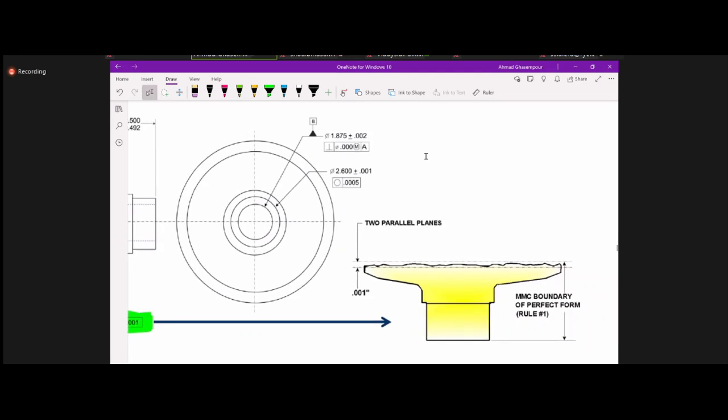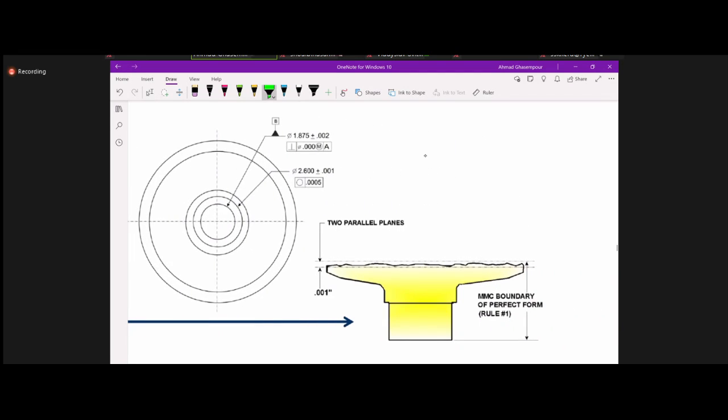So again, what it means is that over that whole area, you could have ups and downs, but they cannot be more than 1 tau apart. Whereas for straightness, we had to test it with 2 parallel lines, with flatness, we have to test it with 2 parallel planes. So 2 parallel planes, 1 tau apart. Can I catch the surface between those two or not?